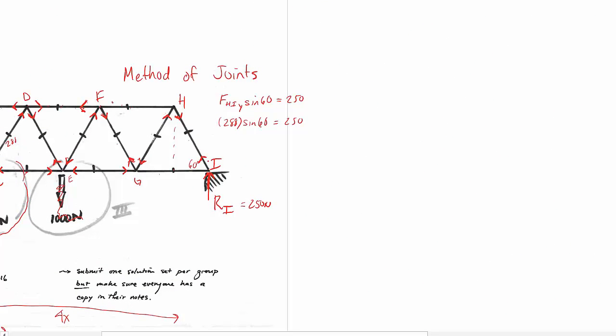So those top ones are in compression, the bottom ones are in tension. So I'm going to guess this last one's going to be in tension. And hopefully it's 144, because we already know this is supposed to be 288. Sine of 60 of 288 is 144. And that's what this thing should be. Let's just cross our fingers.